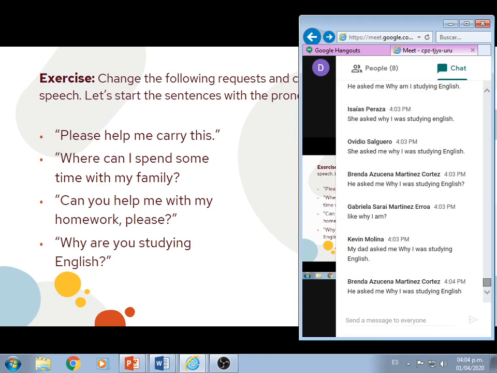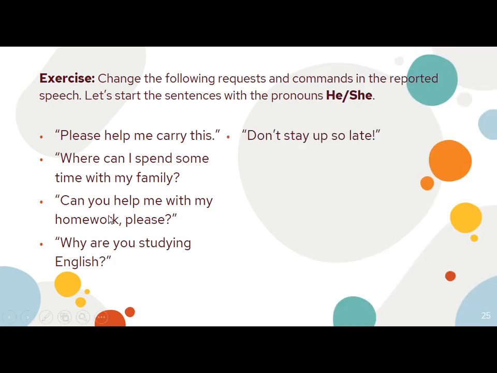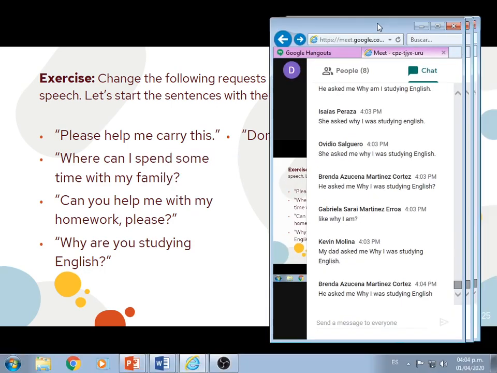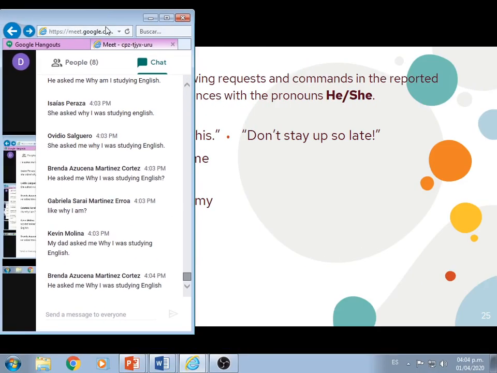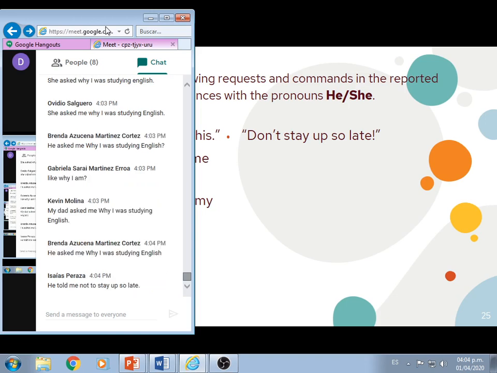Let's continue. Move on with the following sentence. It will be like, don't stay up so late. Everyone, don't stay up so late. Okay, Isaias, he told me not to stay up so late. Perfect. Just like that.